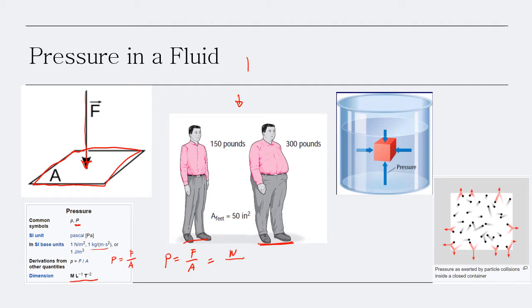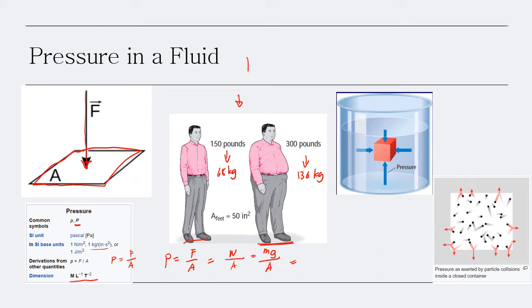If you recall in your mechanics class, weight is just mass times gravity, over area. The mass here is 300 pounds and 150 pounds. If we convert the pounds into kilograms, 300 pounds is approximately 136 kilograms, and 150 pounds is approximately 68 kilograms.